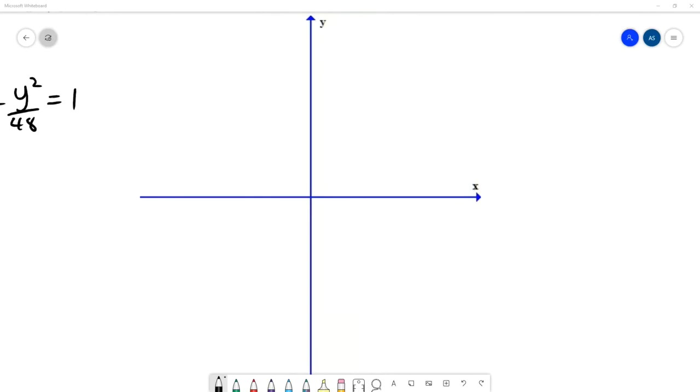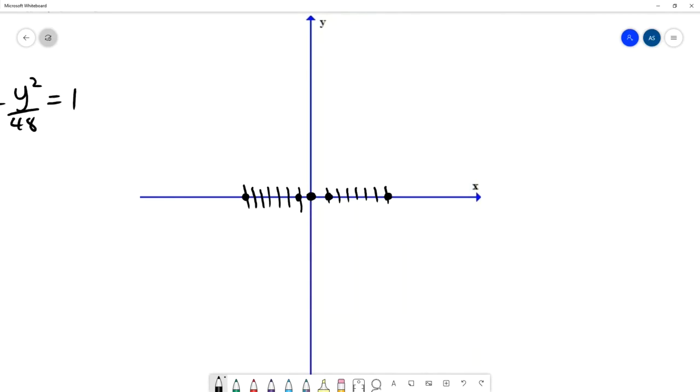So this is stuff we were given. We were given the center, and we were given a focus of 7. We were given a vertex at 1, 0. And because of the symmetry of the hyperbola, we'll have a mirror image on the other side. So I'll have another vertex at -1, 0, and I'll have another focus at -7, 0.